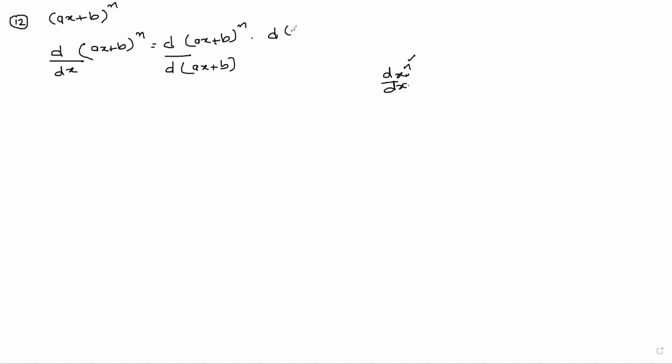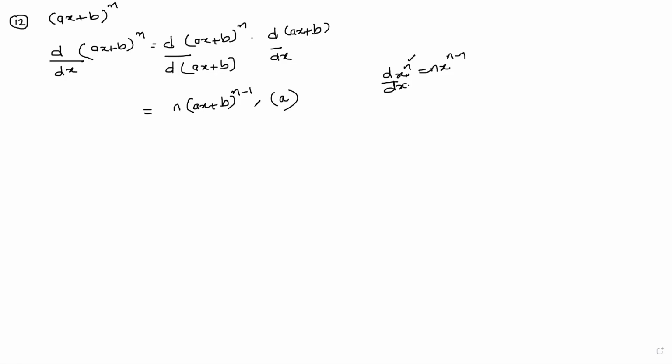After that, we will differentiate. The derivative of x to the power n is nx to the power n minus 1. In this case, x remains as it is and the power gives nx to the power n minus 1. So Noma, what will this be? n into ax plus b to the power n minus 1. Very good. And this one? a differentiated plus 0, so a. Very good. So this is the answer.